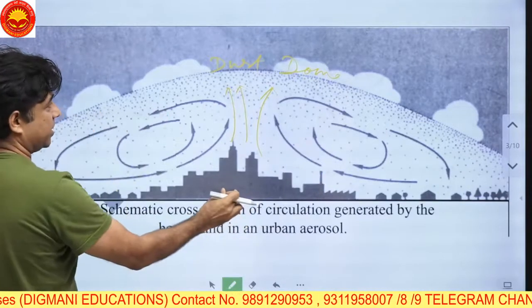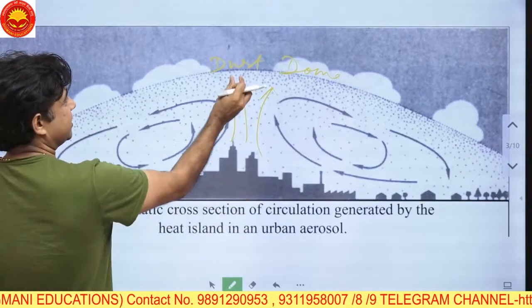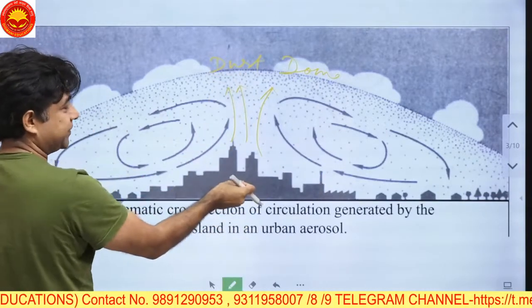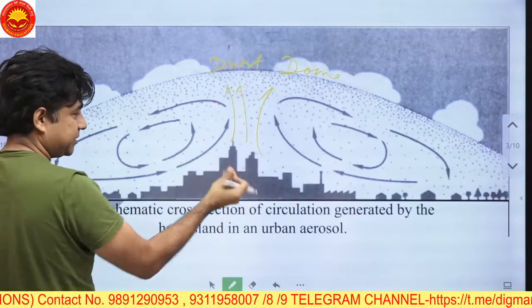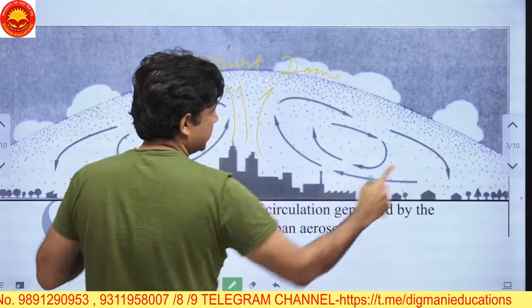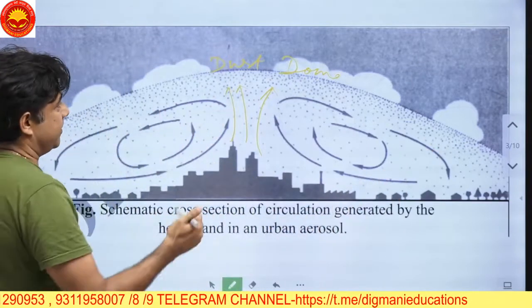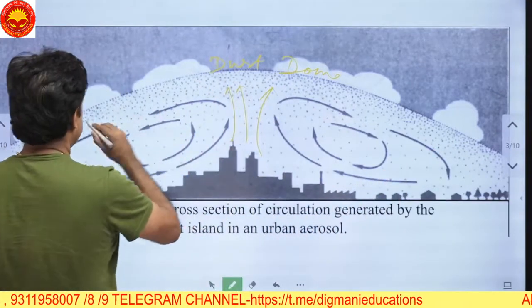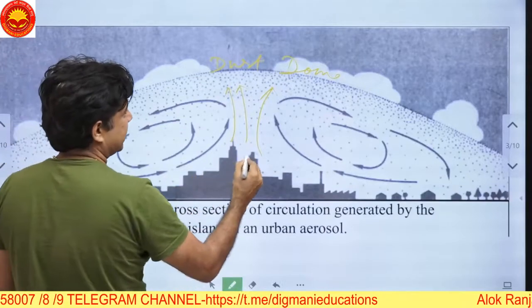And the dust dome has more vertical length at the city center, greater altitude at the city center, and the height diminishes as you go away from the city center. So this is the typical dust dome, and you have the rising air.